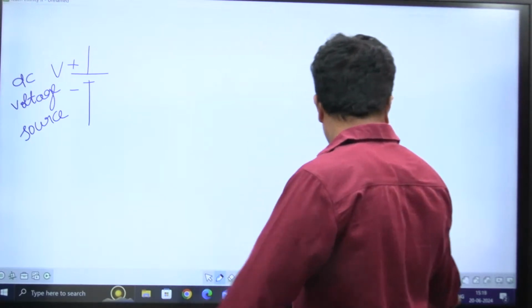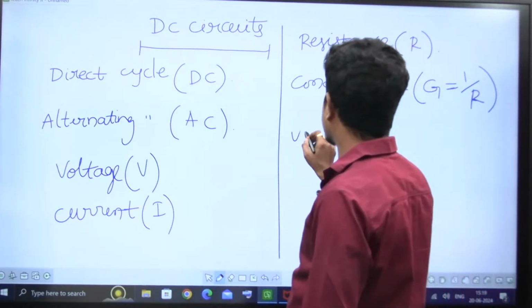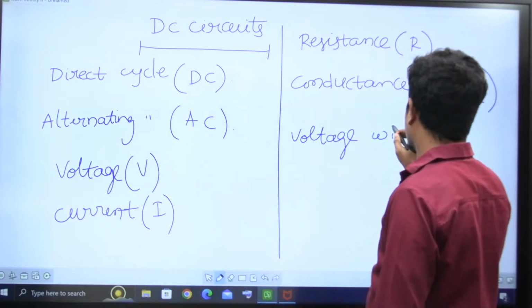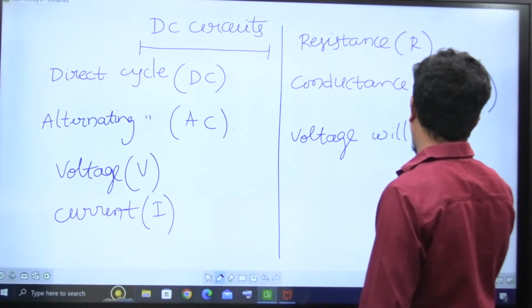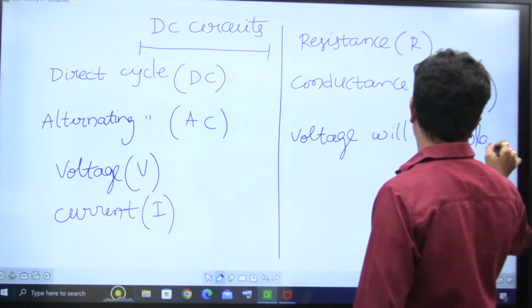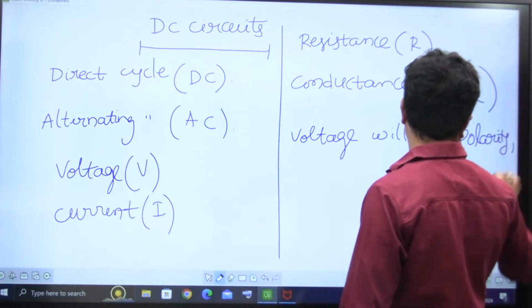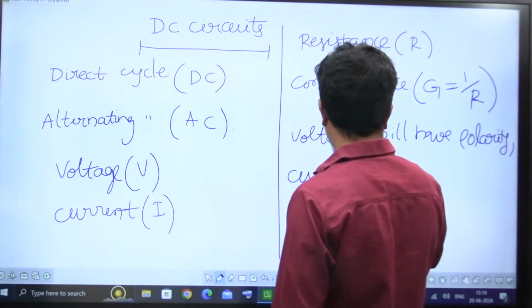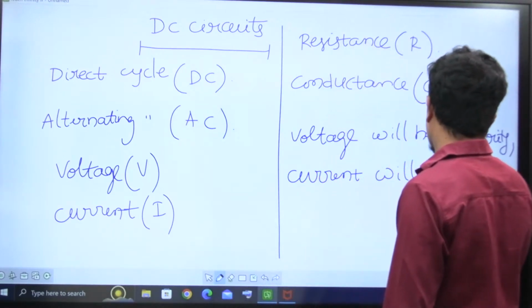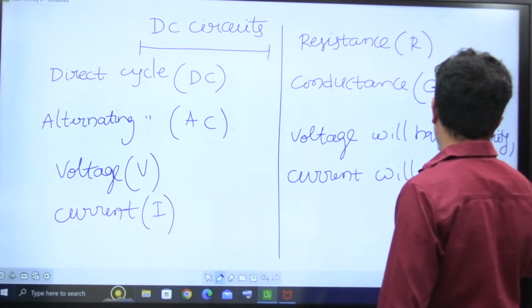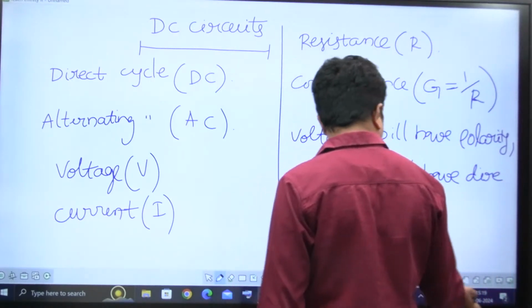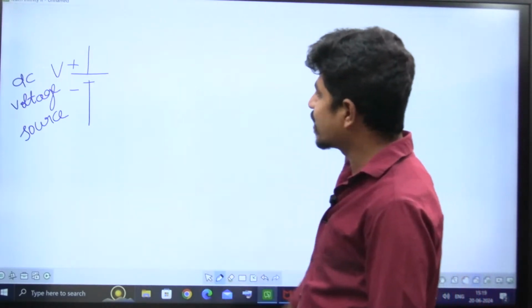Let me write that point here. Voltage will have polarity, that is plus and minus. Current will have direction, meaning A to B or B to A. So what is the purpose of this DC voltage source?